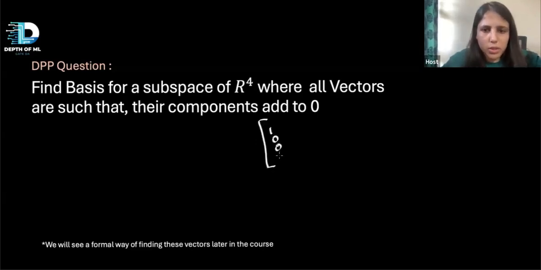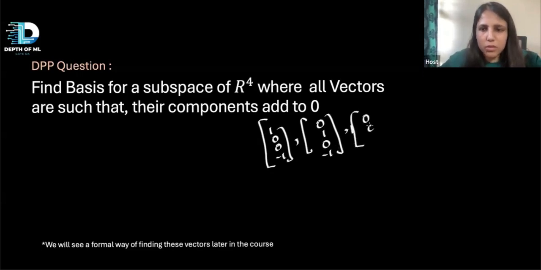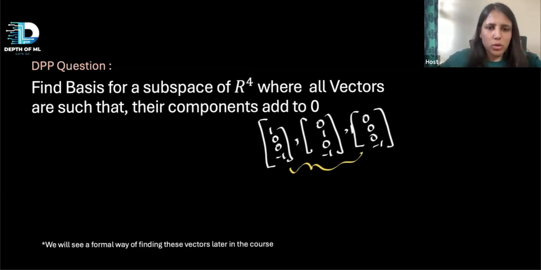So Rohan is saying that this is one of the solutions, which is correct. 0, 1, 0, minus 1, and also 0, 0, 1, minus 1. So you will see the formal method of finding these vectors later in the course, but this is how I would have solved it.